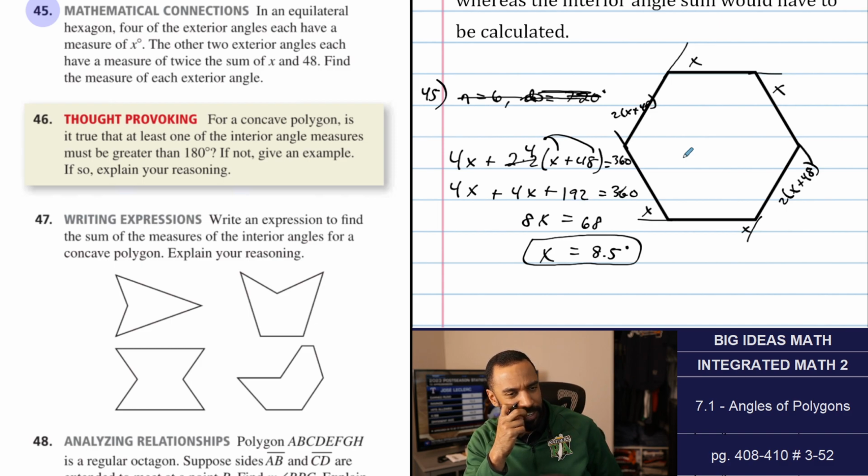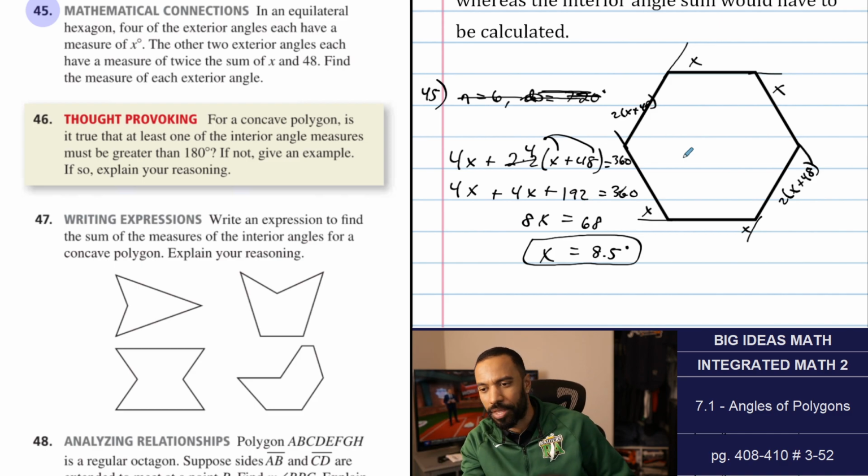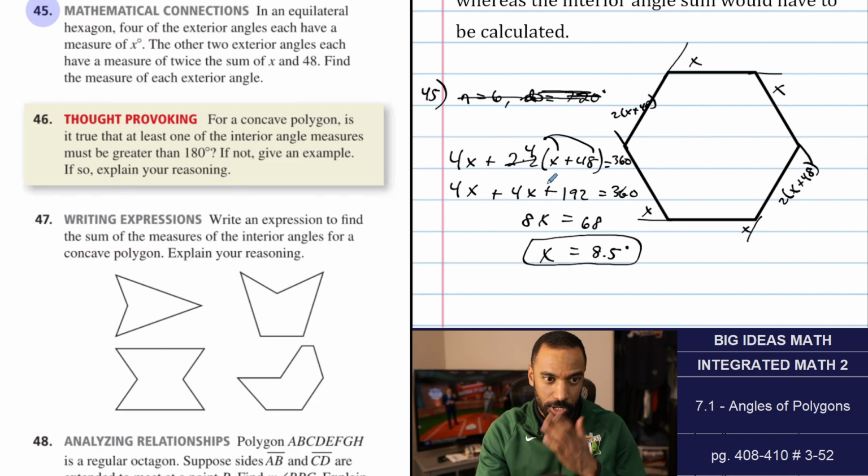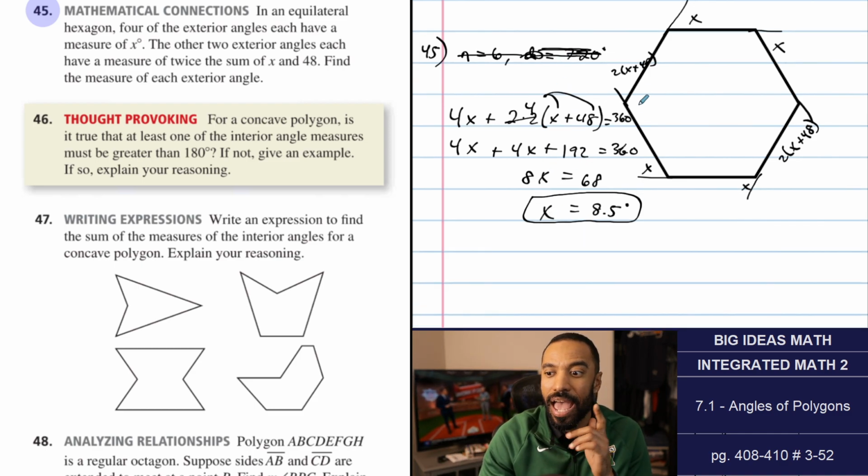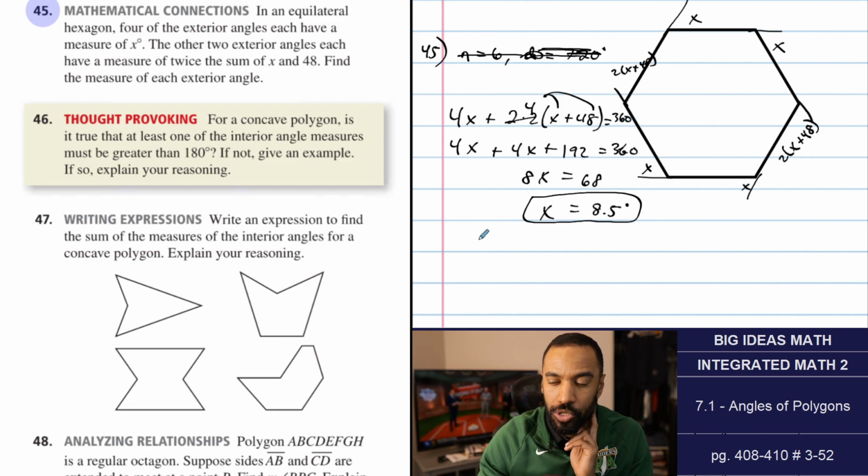For the exterior angles, four each have a measure of x degrees. The other two have a measure of twice the sum. Yeah, I'm going to go with that. All right, 8.5 degrees for x. Now 2 times (x plus 48). I forgot.